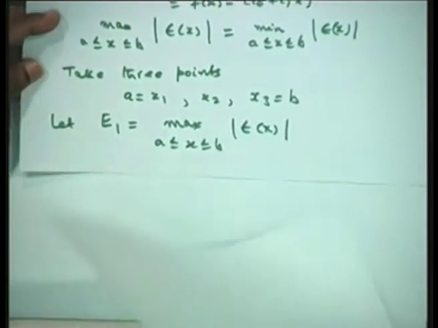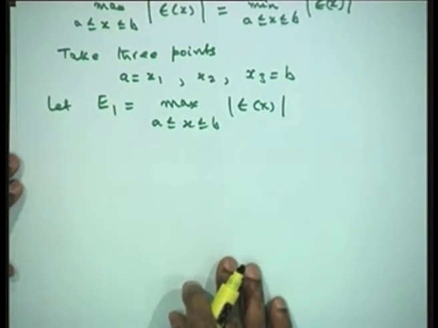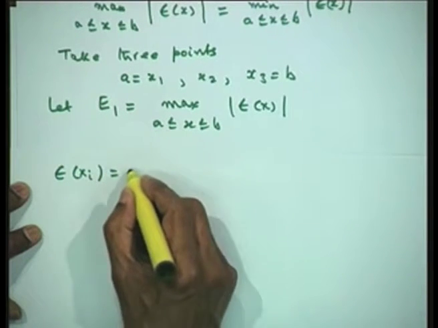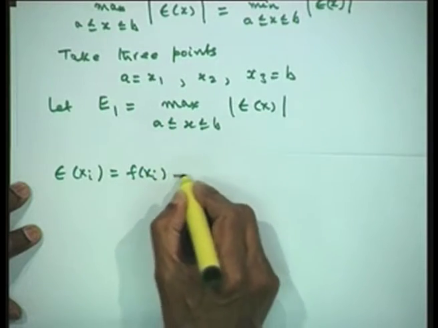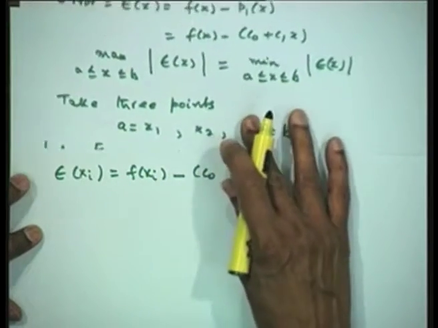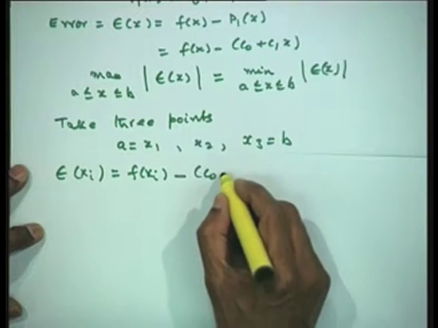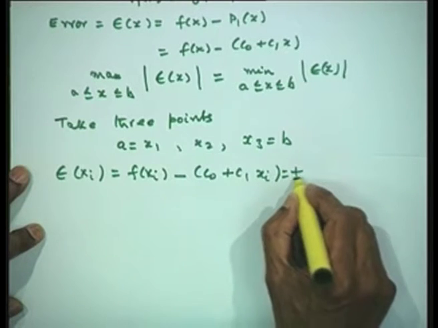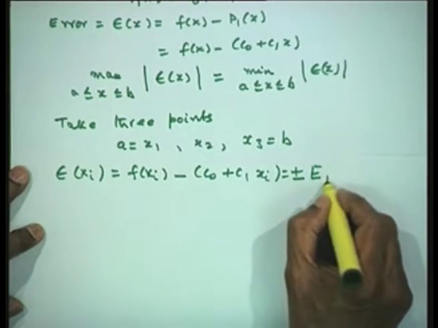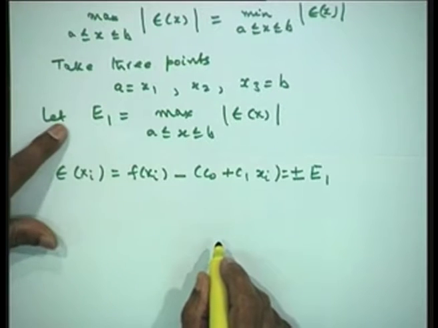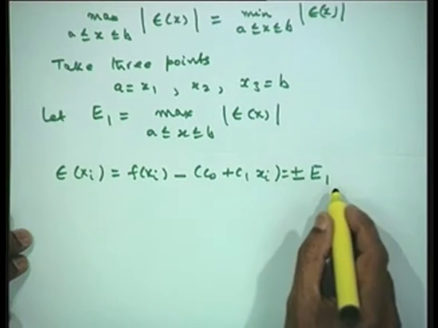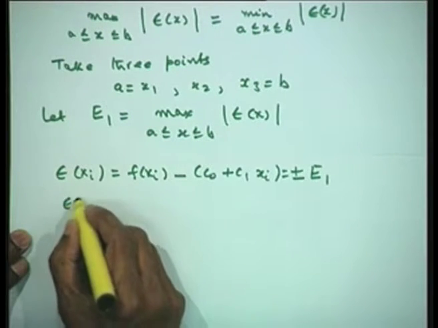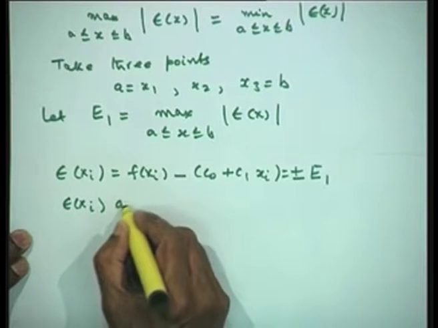Then uniform approximation would mean that the error at these points epsilon x i, that is equal to f at x i minus c 0, I am substituting x is equal to x i in this equation, minus c 1 of x i, would be equal to either with a plus sign or with a negative sign of E 1. E 1 is the maximum magnitude, therefore, they would be having plus minus signs. That means, we require that epsilon x i alternate in sign.